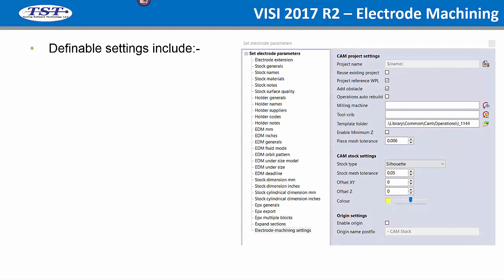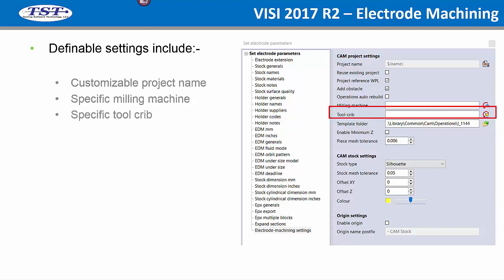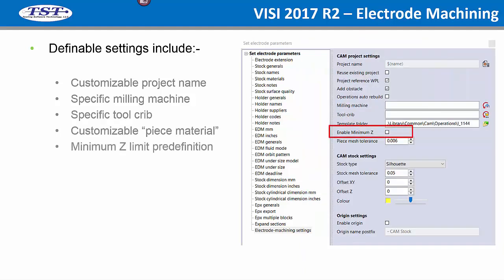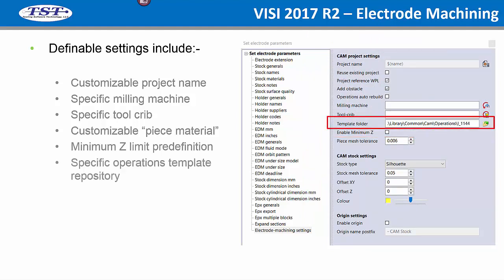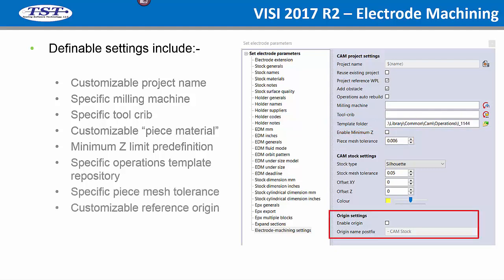Some definable settings are included as well: a customizable project name, a milling-specific machine, and a toolcrib to use. We have a customizable piece material, a minimum Z limit for predefinition, and a template folder as well. Also a specific piece mesh tolerance and a customizable reference origin.